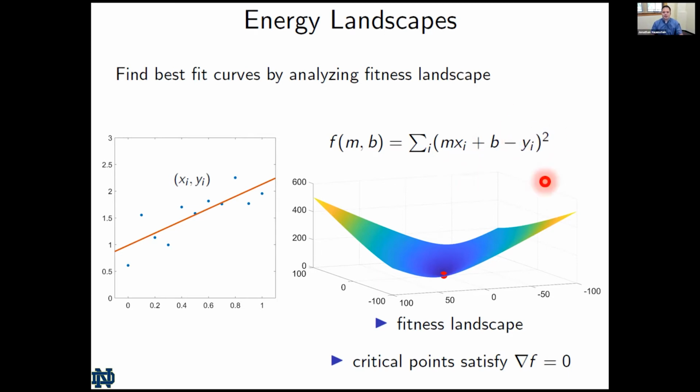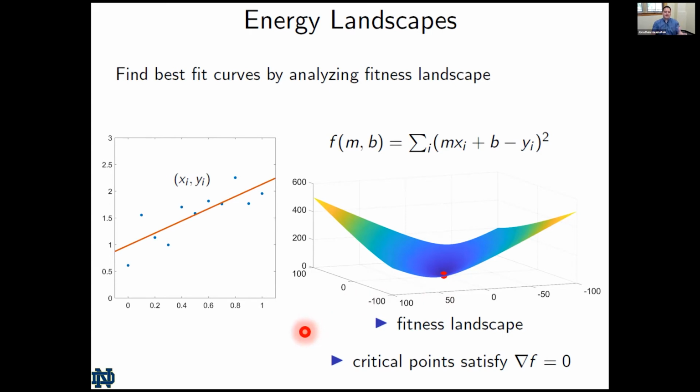Now if you take a sum of squares, this will give you a nice fitness landscape. It's a nice polynomial, so you can take its derivative, set it equal to 0, and we know from the linear case you get this unique critical point, which is the best fit line.